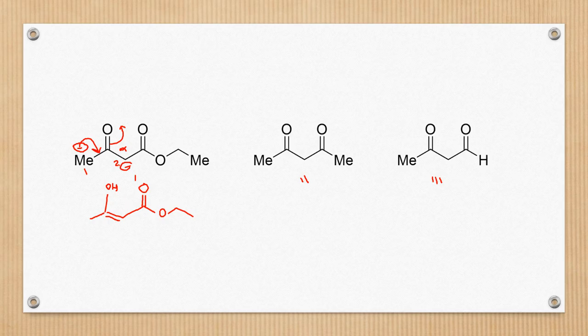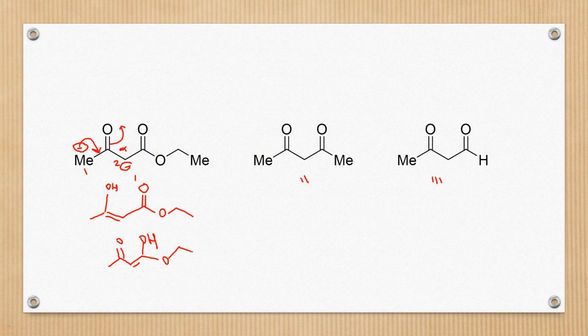And the third one, you can also write this structure. Don't touch this ketone, you can form the enol from here, right? This is oxygen, this is again ethylene. So three possible resonance forms are possible for this part one.